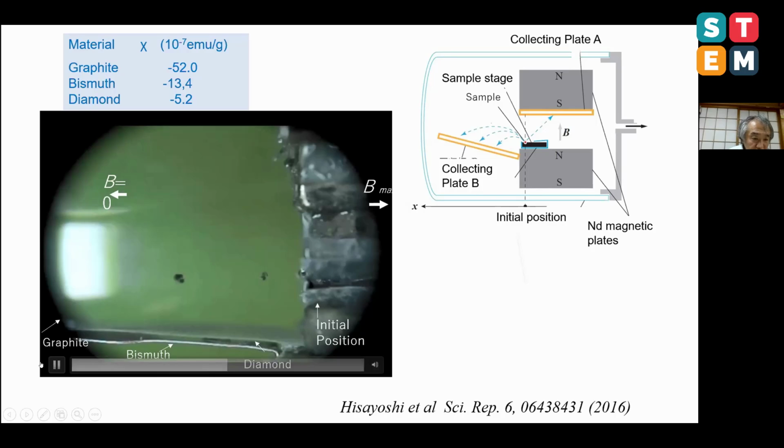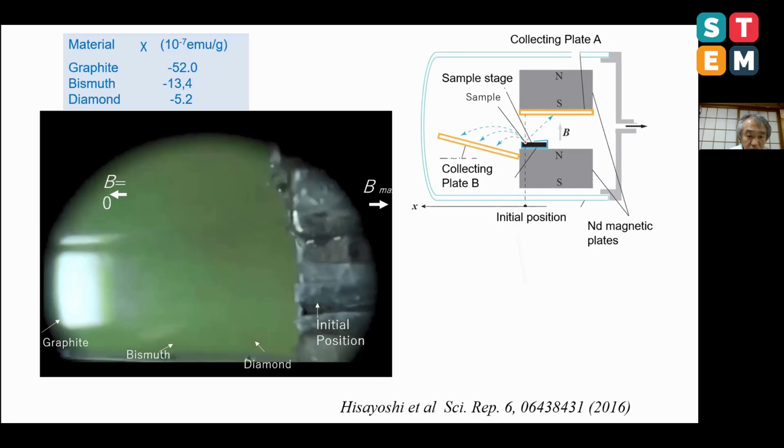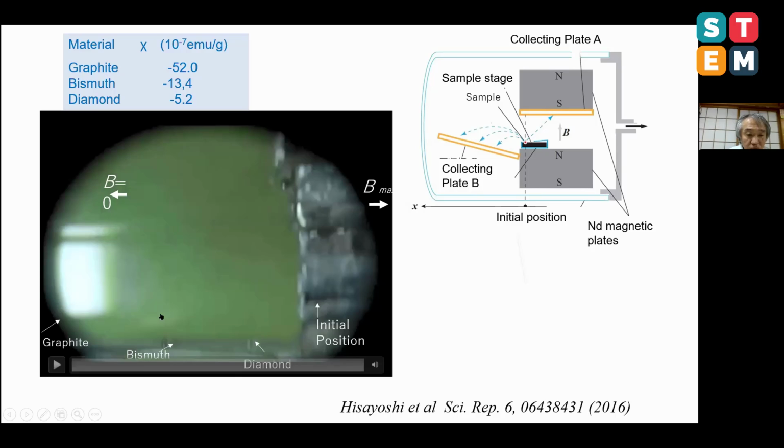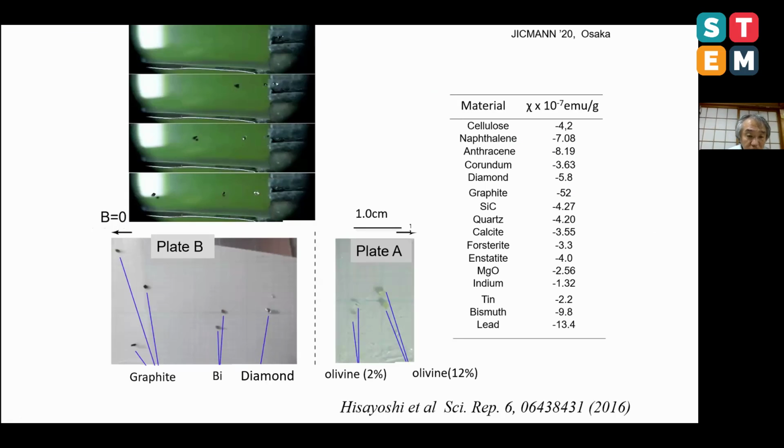We have three pieces of graphite. It moves away from bismuth and diamond. So you can divide all sorts of materials by the simple setup. The magnetic field is only 0.86 Tesla. It's made by a permanent magnet. And this is a picture of the collection plate, taken after the experiment.